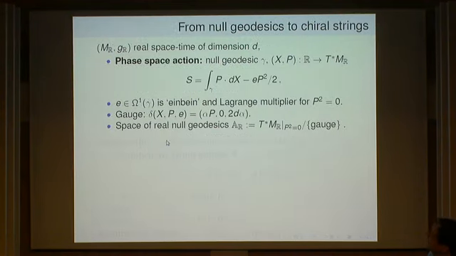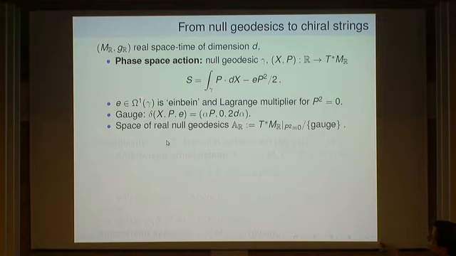Okay, anyway, just to set the frame a little bit, we're talking about null geodesics in the real context. I'll just give a Lagrangian formulation to start off with. In the real context, you often think about a first order action or a phase space action, where you start off with a cotangent bundle of space-time, you have a curve in that cotangent bundle, and you can write down an action that looks like this.